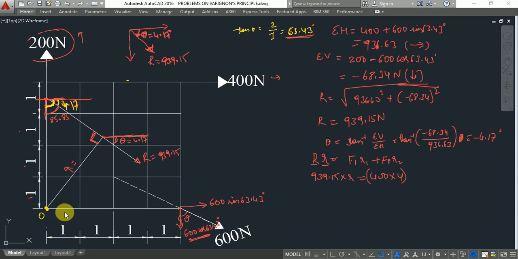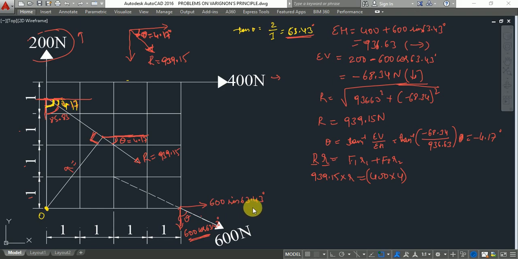If I choose this point, this force will make the drawing rotate in the clockwise direction, that's why I have taken clockwise. Next, this force is acting upward, but since the line of action passes through the point chosen, this force will become 0.